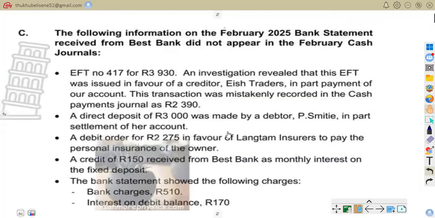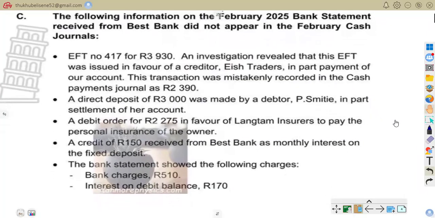Now coming to information C, if you can go through it and try to see which other transaction or statement affects our cash receipts.